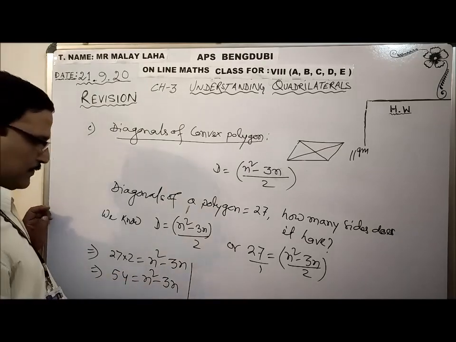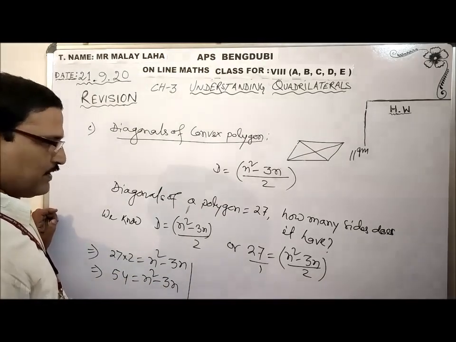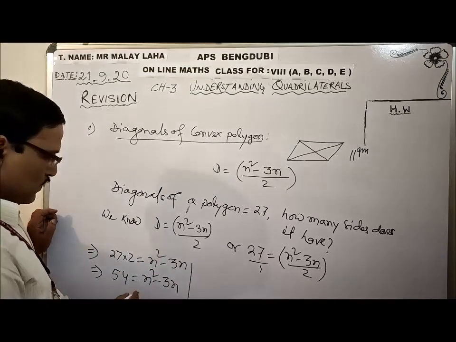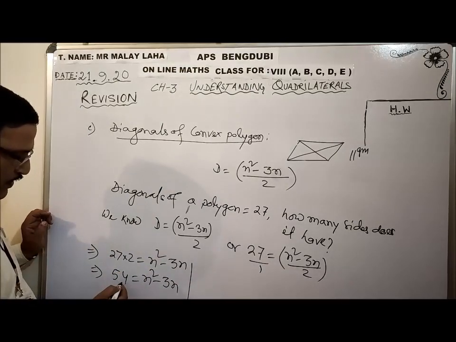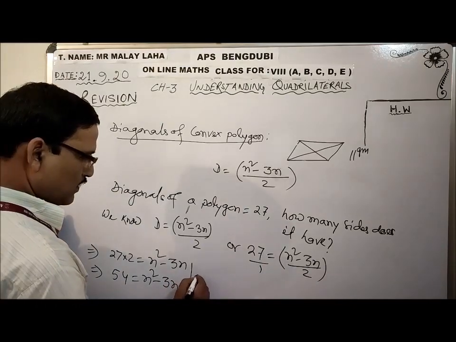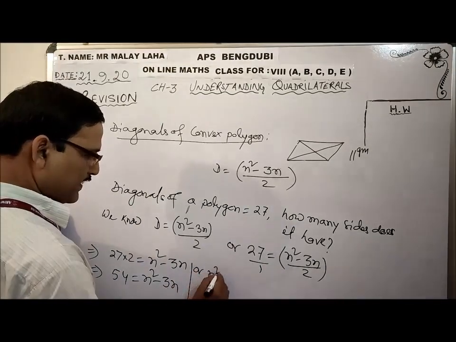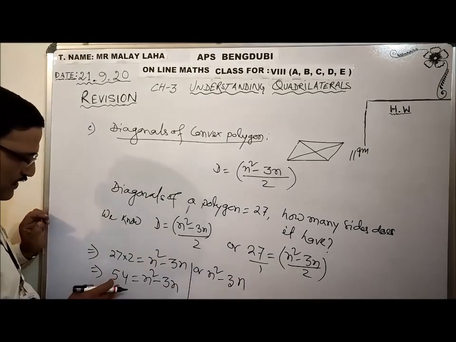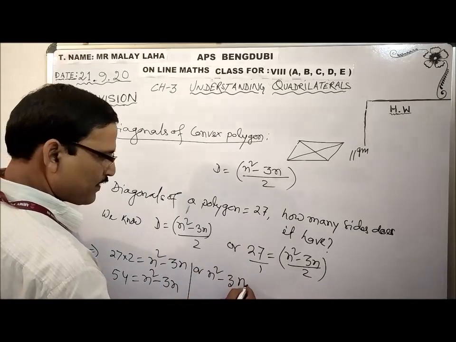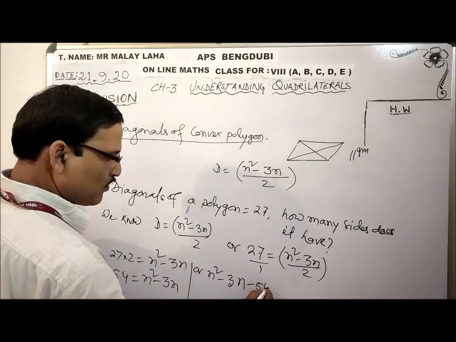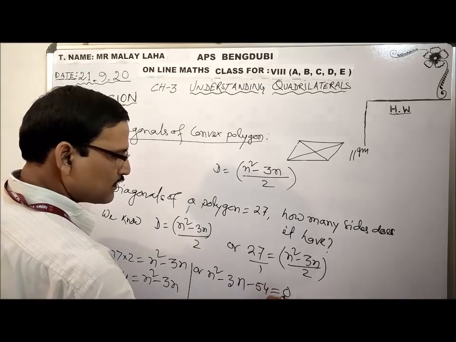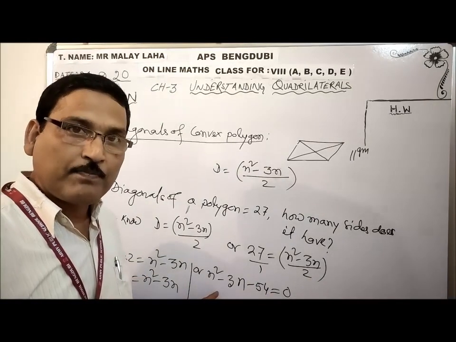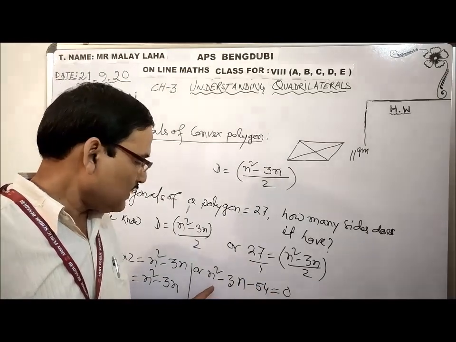Listen carefully, Shunidhi. For you only I am telling you, because this is a little advanced level, not for all. Now 54 equals n square minus 3n. If I shift this 54 here, it will be minus 54, equal to 0.